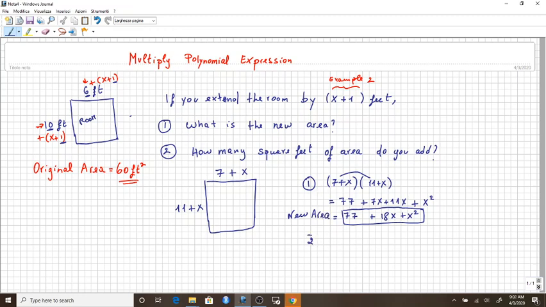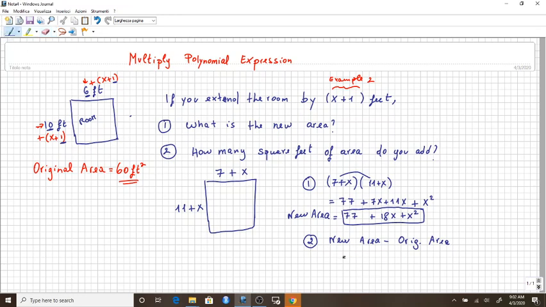The second question is how many square feet of area do you add? So we want to compare this with the original area, which was 60. What we need to do is the difference between the new area minus the original area. That's how much we add. So let's subtract these two amounts.